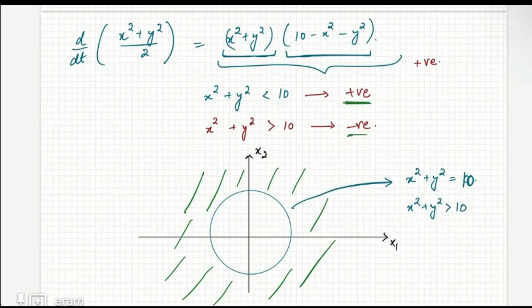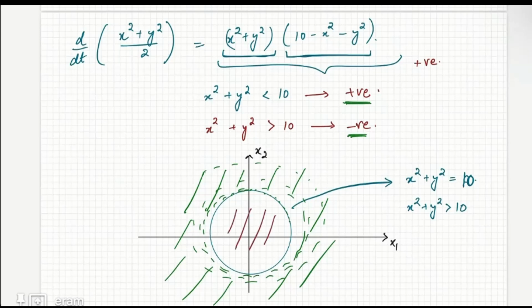Sorry, the derivative of the closed curve is negative. That means the closed curve radius will decrease. That means if I start outside this closed curve, I am going to converge to this orbit given as x square plus y square equals 10. Similarly, if I start inside this closed curve, then my radius is going to increase because I have a positive derivative, in such a way that again I go to this orbit.